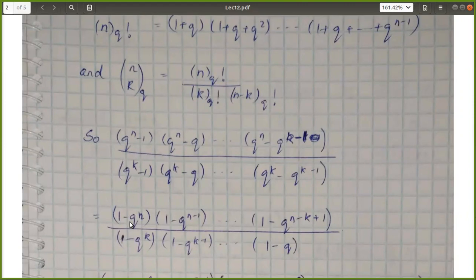And if you have an extension of this, what is 1 minus b square? So 1 plus b times 1 minus b. Right. And 1 minus b cube?